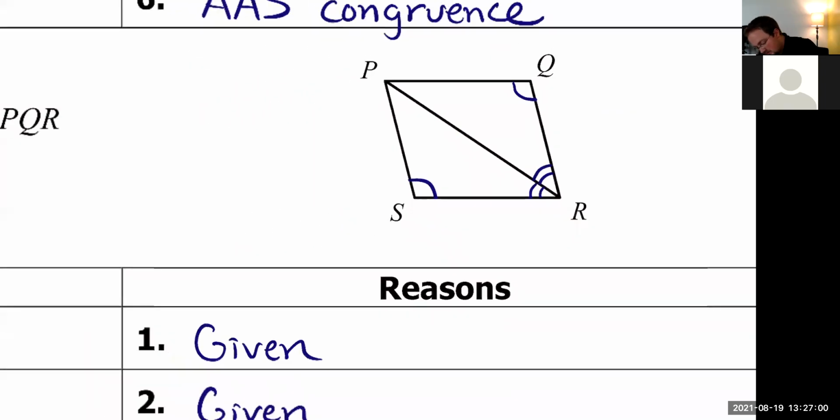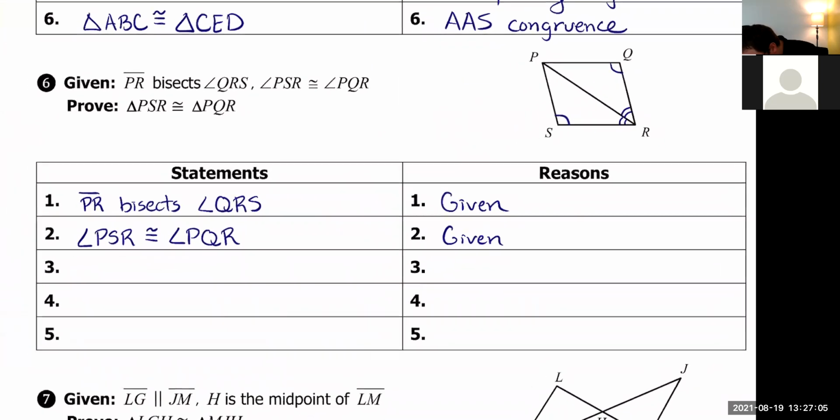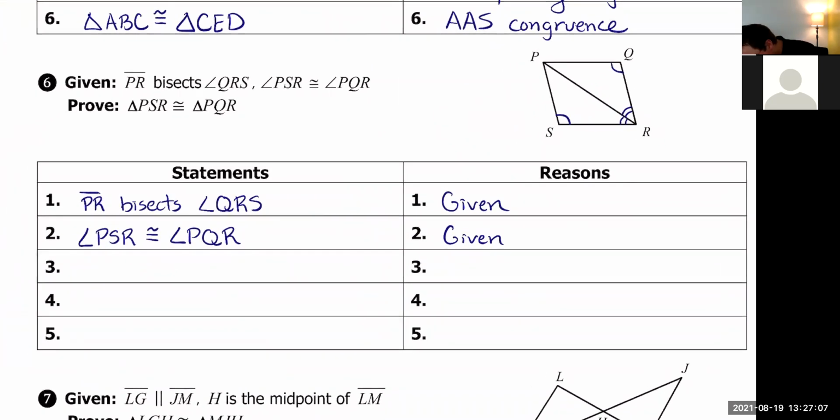So let me write it out so I'm not losing track of what we're saying. Making sure I stay consistent here, I'm going to say angle SRP is congruent to angle. So if I started with S for one, I'm going to start with Q for the other. QRP. And why can I defend that?